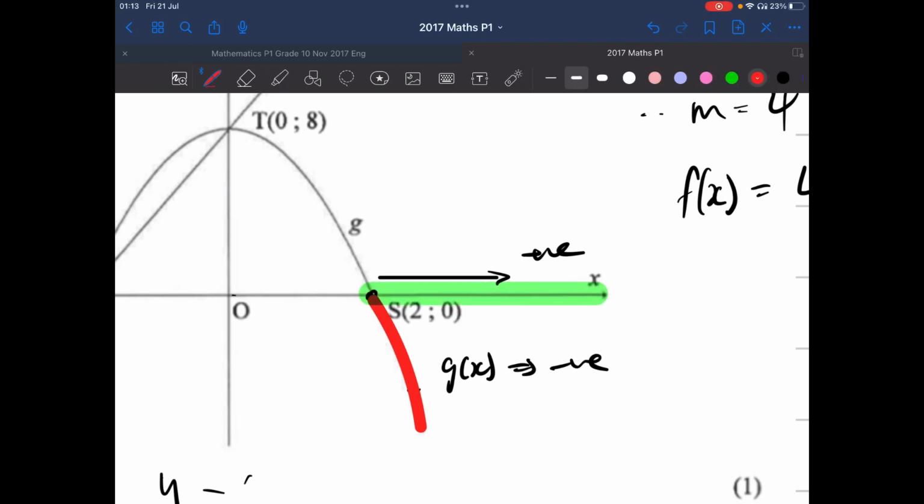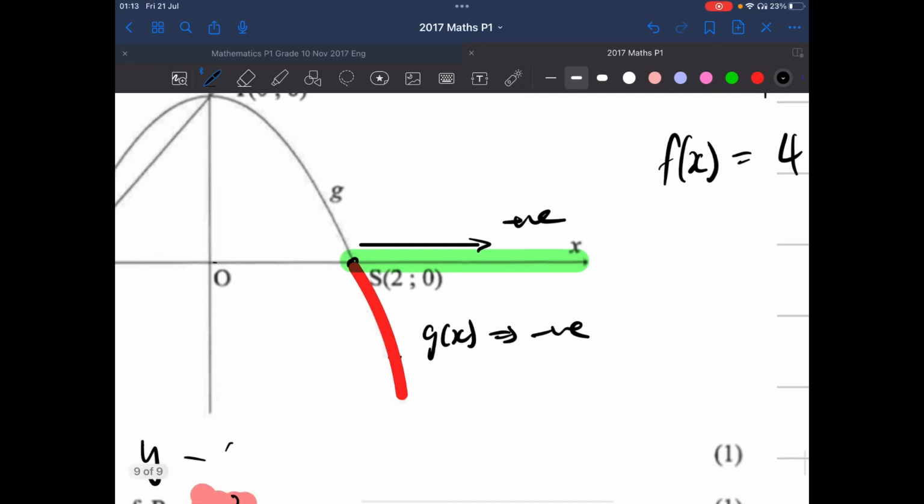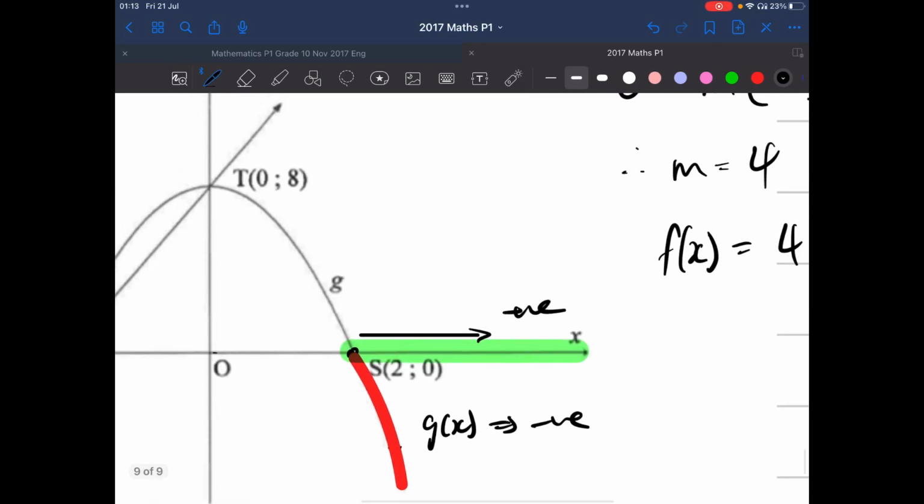So I have positive x values and negative g of x values. So x times g of x, I'm going to get something negative, because I took a positive x value and negative g of x values. That's going to give me something negative.